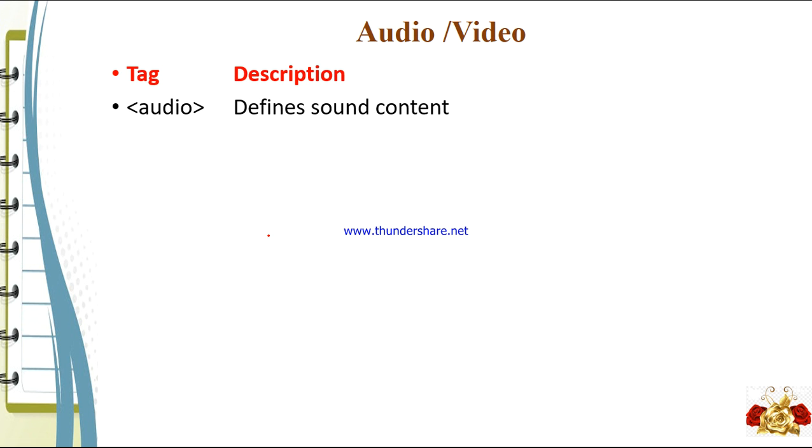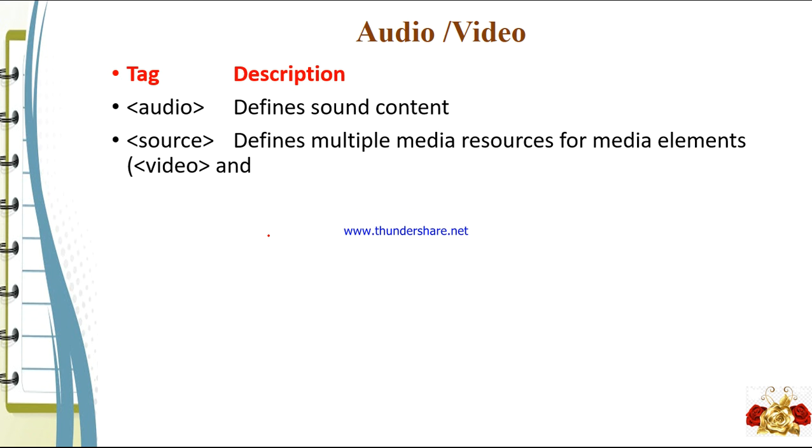Next, audio and video. What are the tags used for audio and video? The audio tag is used to define sound content. The source tag defines multiple media resources for a media element.